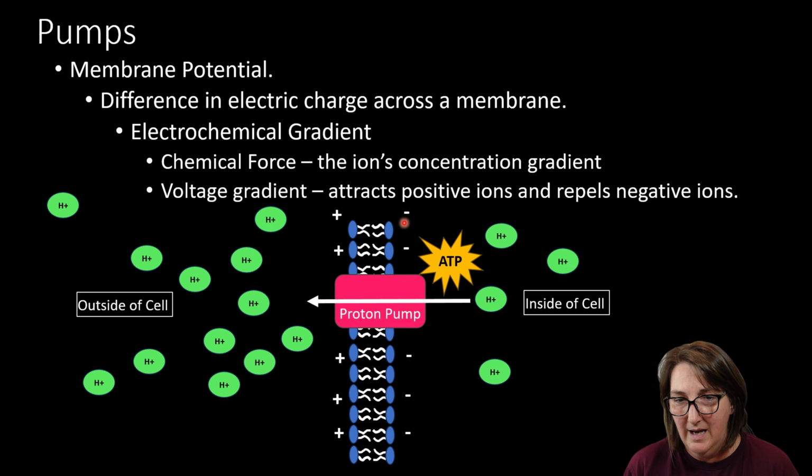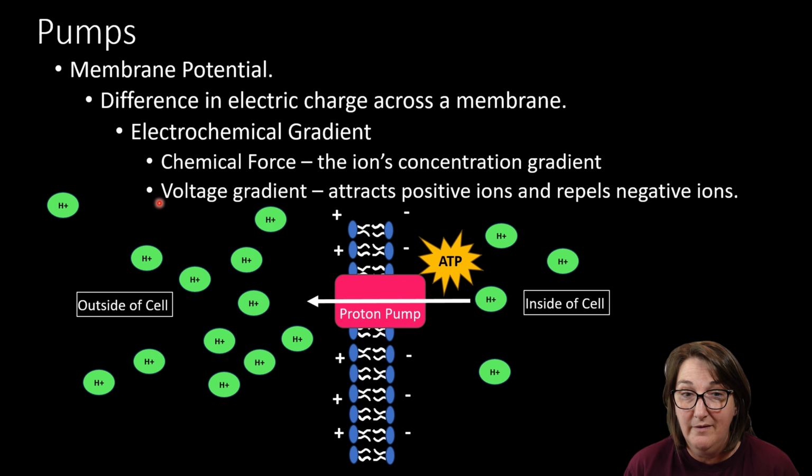So you see these negatives right here? This is creating a negative charge. And remember, positives love negatives. So these positive hydrogen protons are going to be attracted to this area. And look what happens to be here, this little proton pump. ATP is going to come along and help push and shove these hydrogen protons through. Because remember, they don't want to be over here.